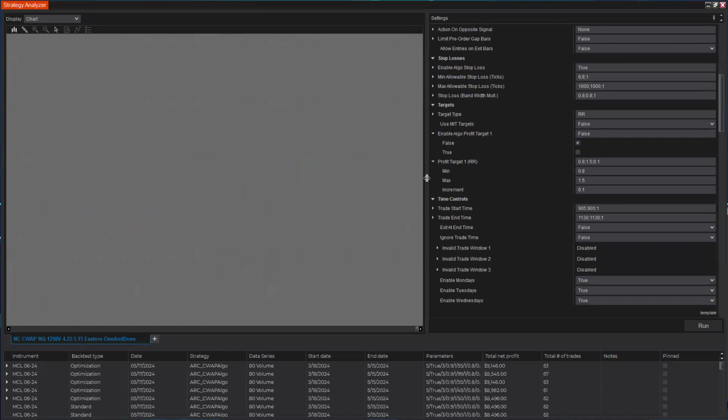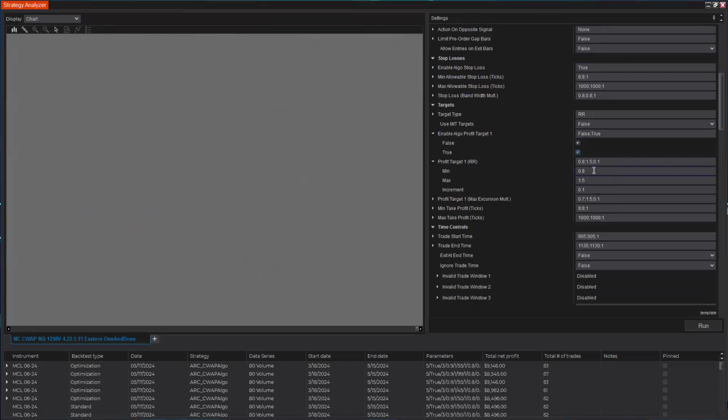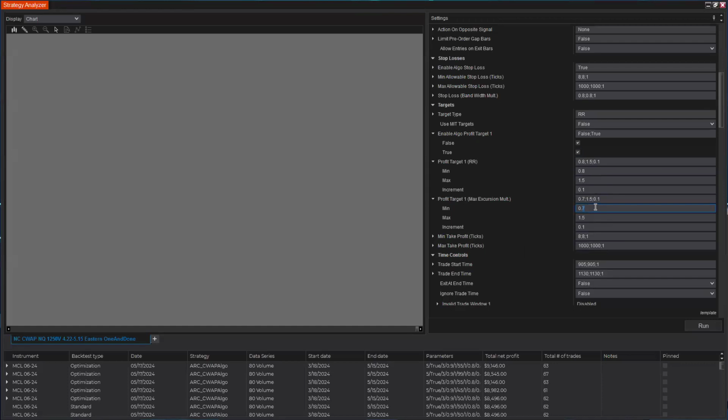Finally. Okay, so the problem is I left the parameters in there. So where is it? Here it is. Go 0.8, 0.8. Now let's try it.